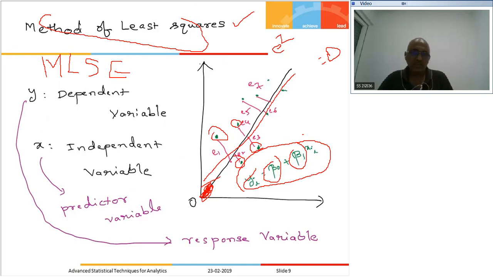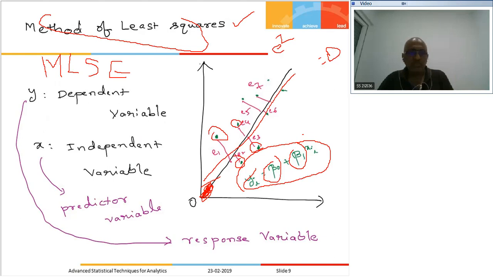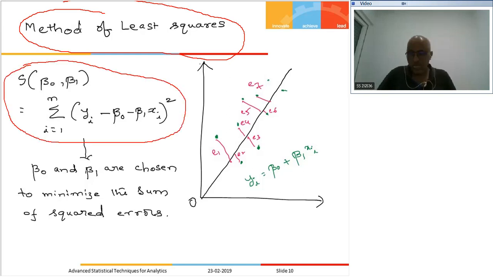This is the beginning to understand the concept. So to find the best fit, what we are doing, we are using this concept called as method of least squares. The MLSE, method of least squares. MLSE is not cost function. This function is called as cost function.